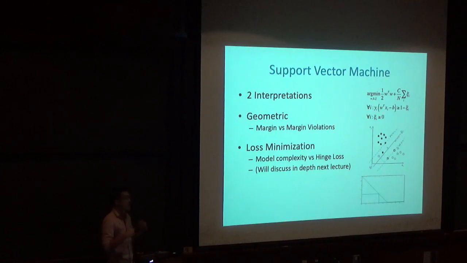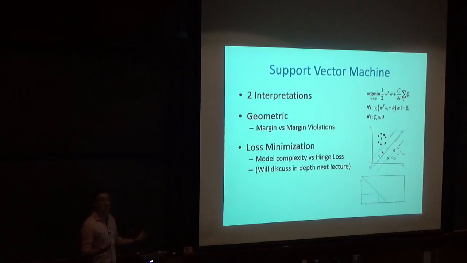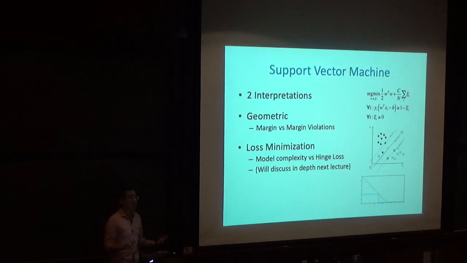That's the bread and butter default interpretation in machine learning. In the loss minimization perspective, we define a new loss function called the hinge loss that is a surrogate to 0-1 loss that we can optimize effectively in a standard machine learning optimization setting.